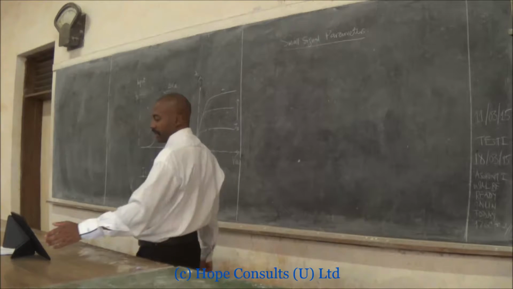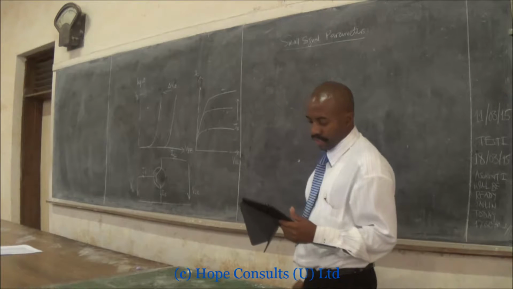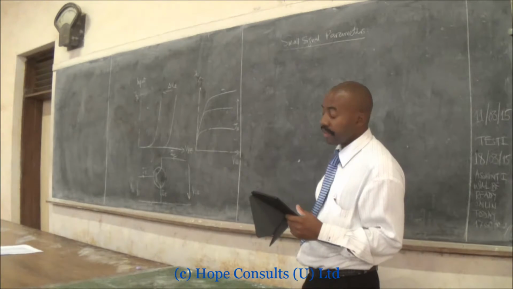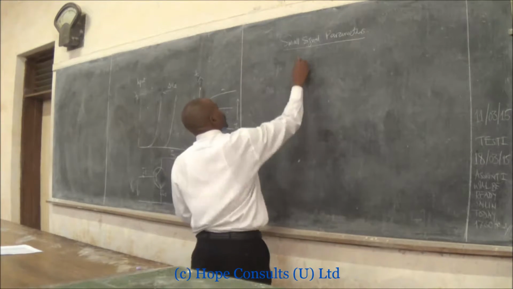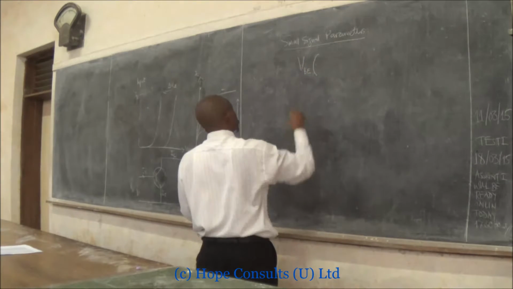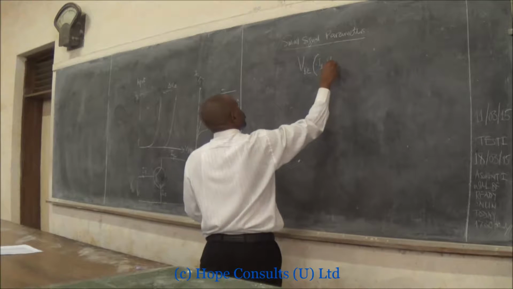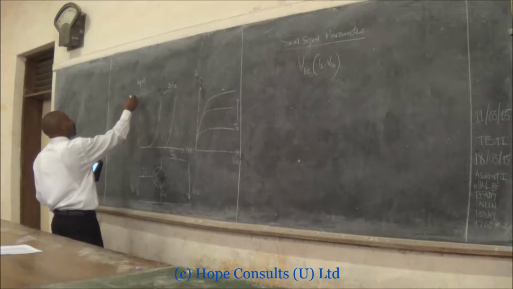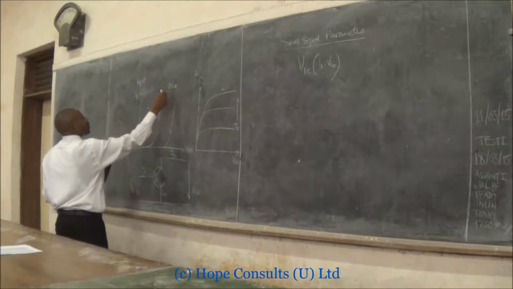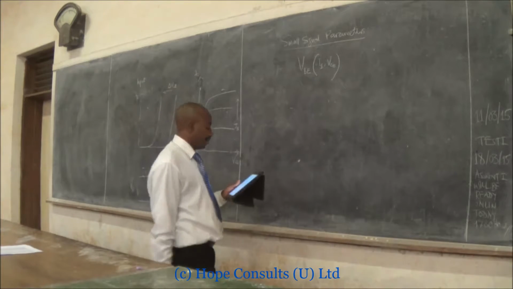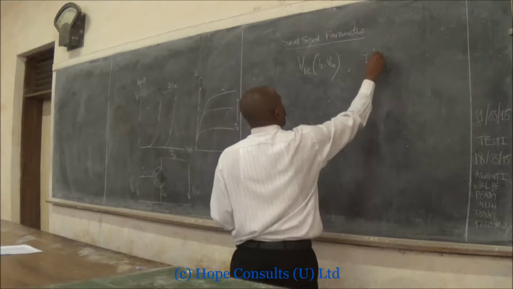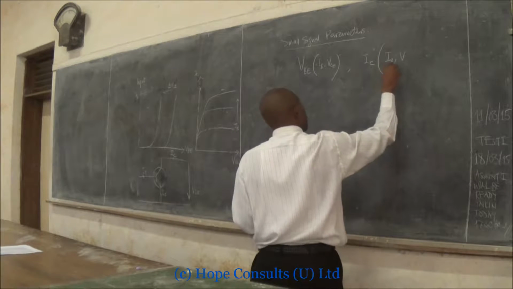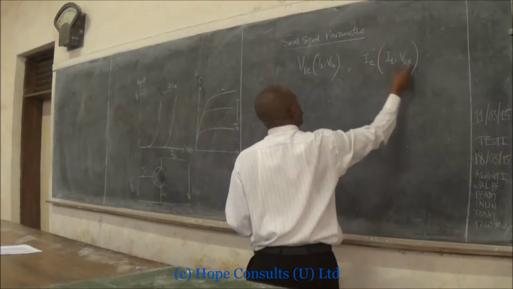And we had said that from the input and output characteristics, we can write VBE and IC as functions of IB and VCE, whereby we are saying that VBE can be looked at as a function of IB and VCE, the variation of IB and the output VCE, the change in VCE, and IC in terms of IB and VCE.